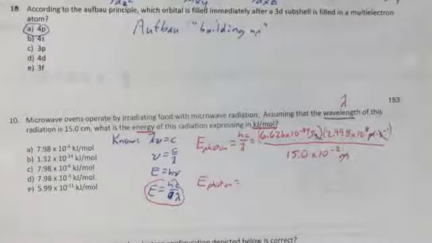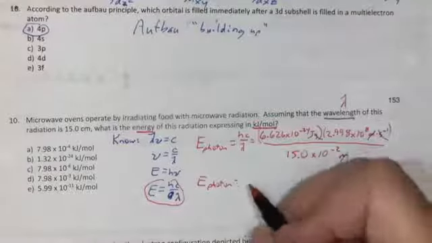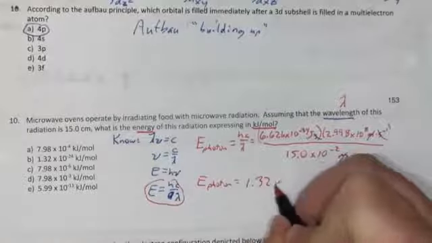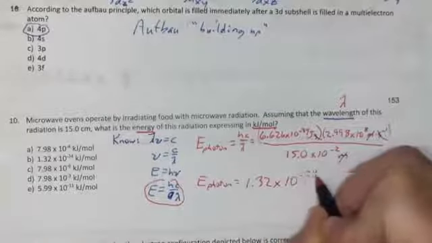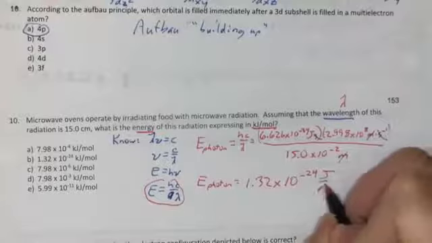let me do that, and I'm getting 1.32 times 10 to the negative 24, and this is joules per photon.